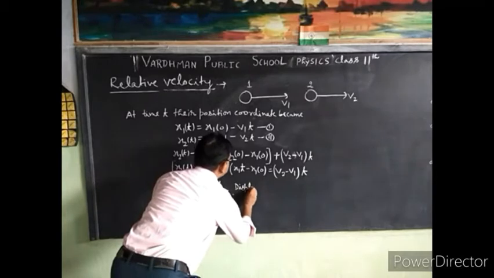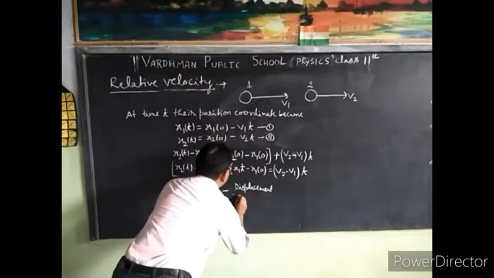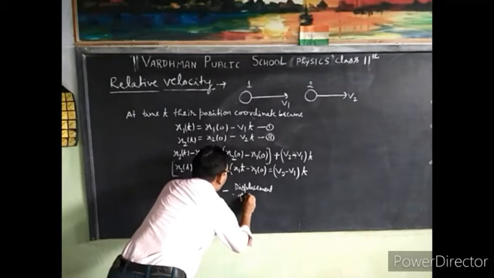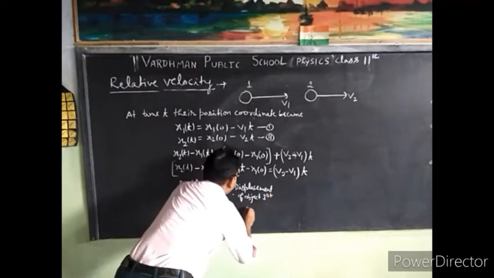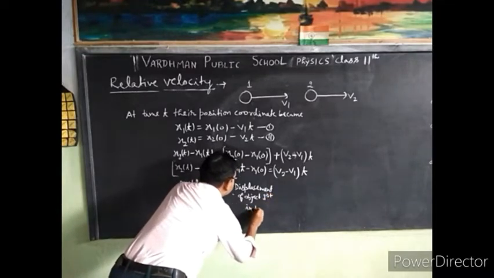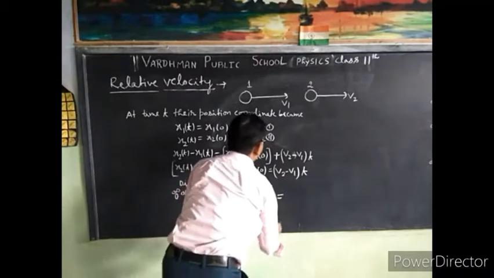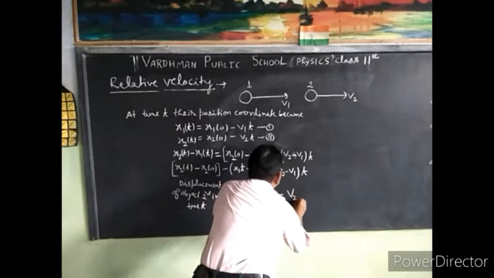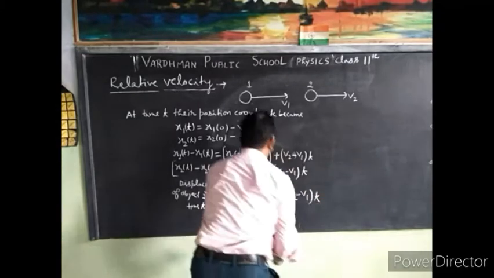The difference equals v2 minus v1 into t.